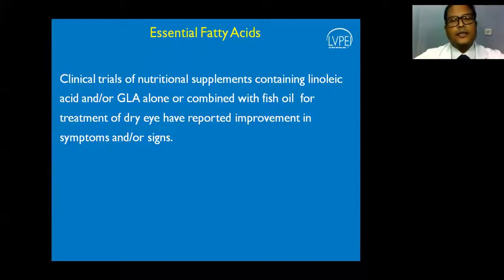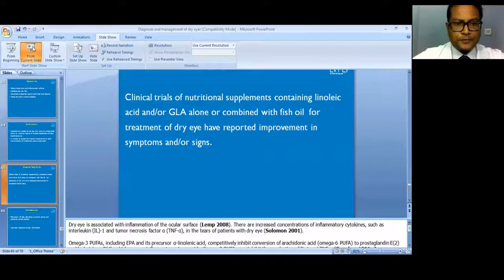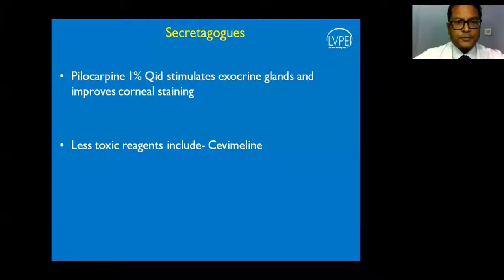Essential fatty acids have also been found to improve the symptoms and signs of dry eye disease. Some secretagogues such as pilocarpine also stimulate the exocrine glands and improve corneal staining. Less toxic agents include cevimeline, which are used as secretagogues in dysfunctional tear syndrome or dry eye disease.